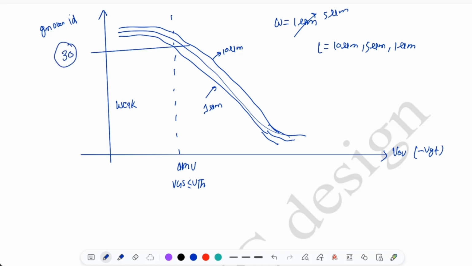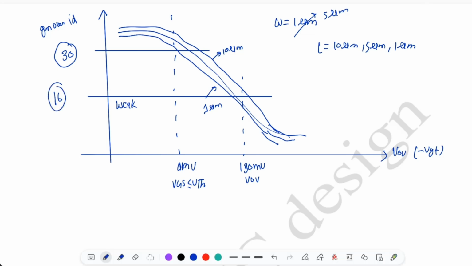I took 4 times the thermal voltage, so I got about 100 millivolt, but for a safe margin I took 130. Here I am marking 130 millivolt of V overdrive, and I got 16 gm over ID.